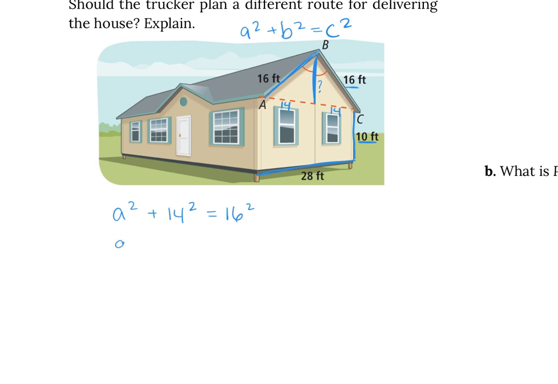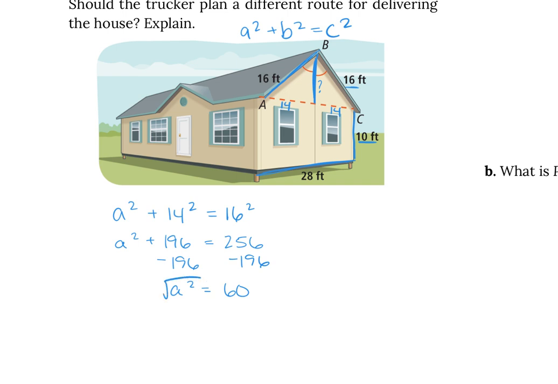I'll go ahead and find the square of 14 and 16. Subtract my 196 over. So I get a squared equals 60. To get rid of the square on the a squared, I take the square root, because the opposite of a square is a square root.